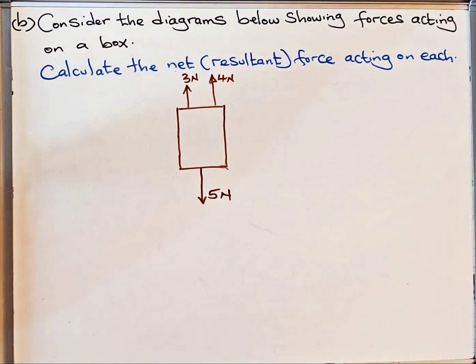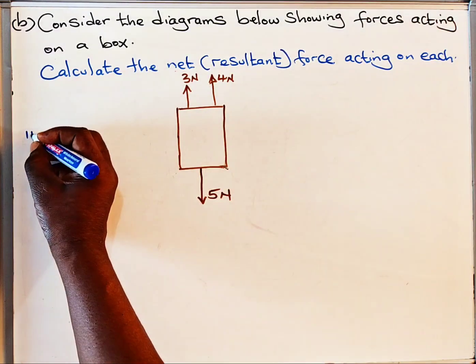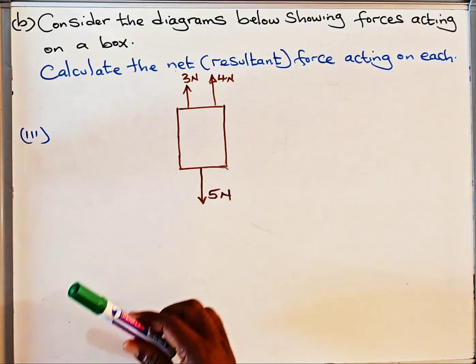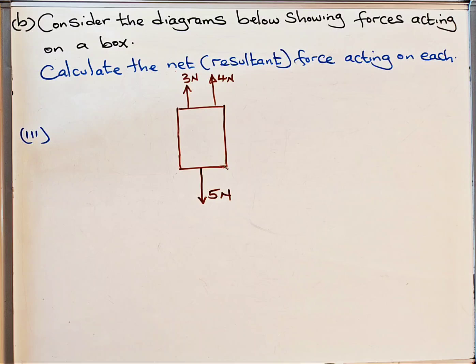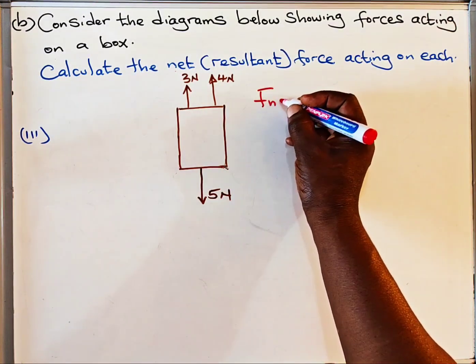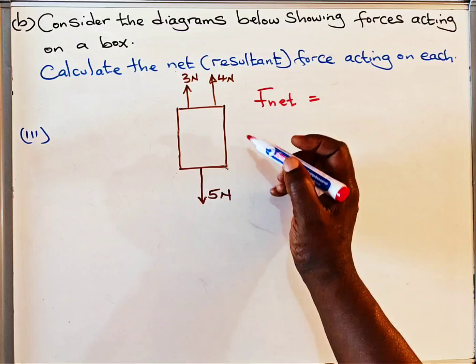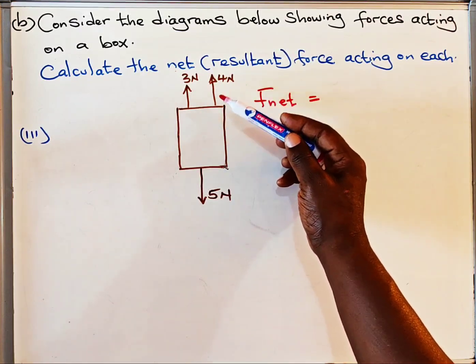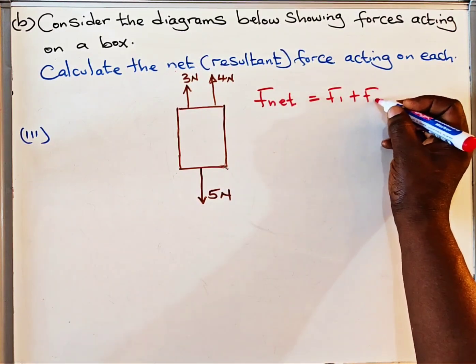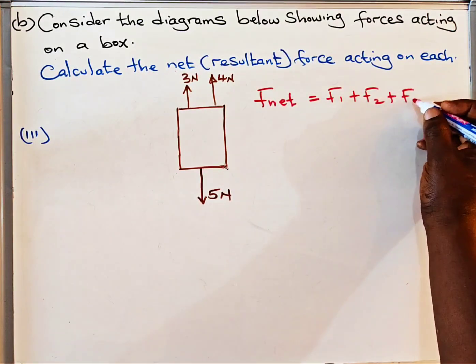Then we come to this one. It says calculate the net or resultant force acting on this. What do we do here? This is what we know. We know that F net on this diagram is equal to F1 plus F2 plus F3.